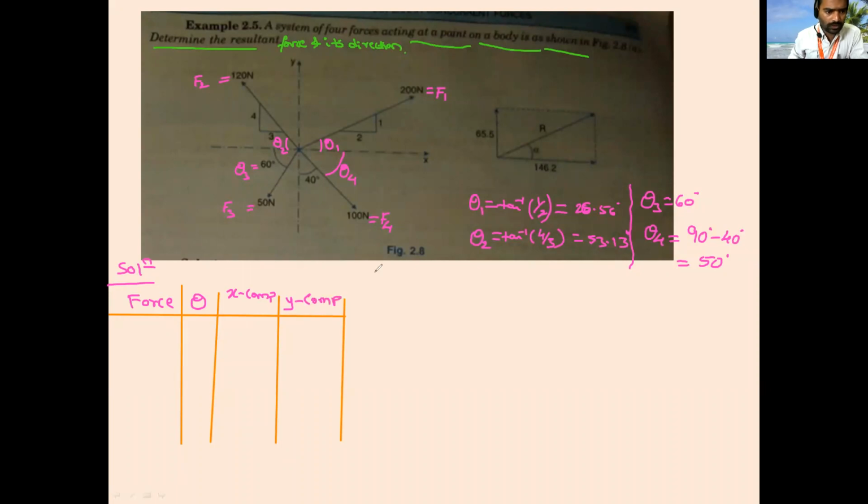So tell me, what is the F1 force? How much is given? 200 Newton. Then what is theta 1, which you have calculated? 26.56 degrees.